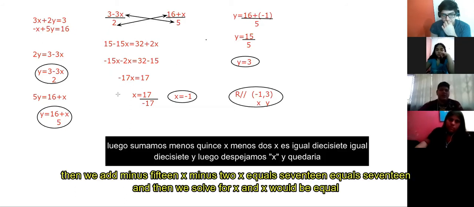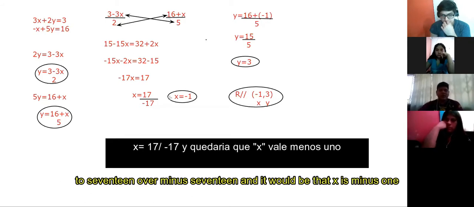So we have minus 17x equals 17. Then we solve for x, and x would be equal to 17 over minus 17, and it would be x is minus 1.